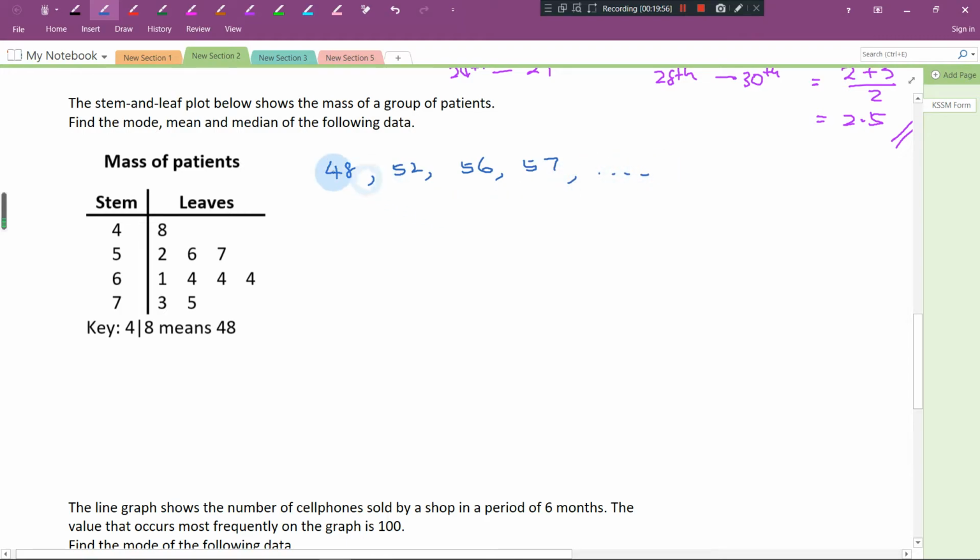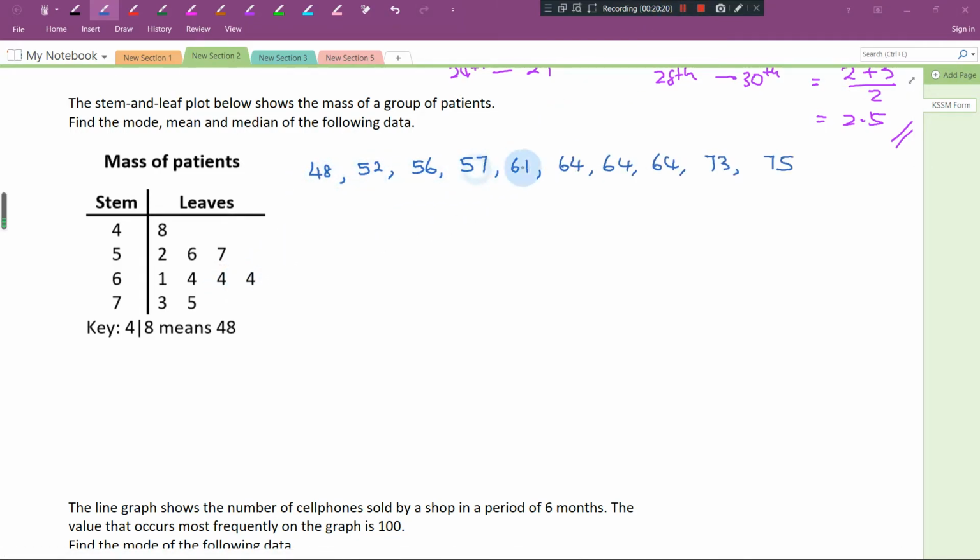Write down all the data. If the data is not a lot, you can do it this way. If let's say we have 100 data here, we are not able to do it this way, right? Because you will need a lot of time to list down every single data. So how about I list it down first? Later I will explain how to get the answers without listing.